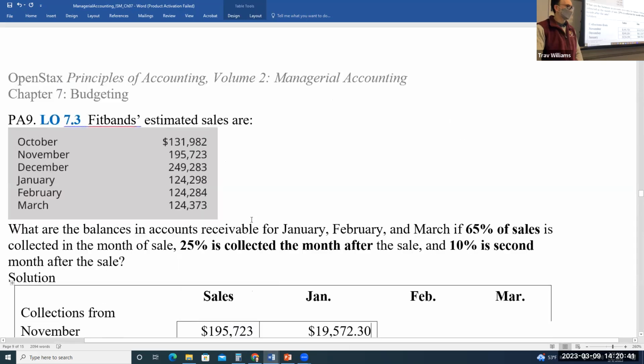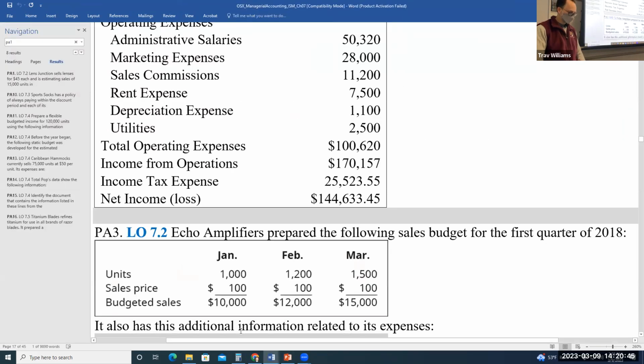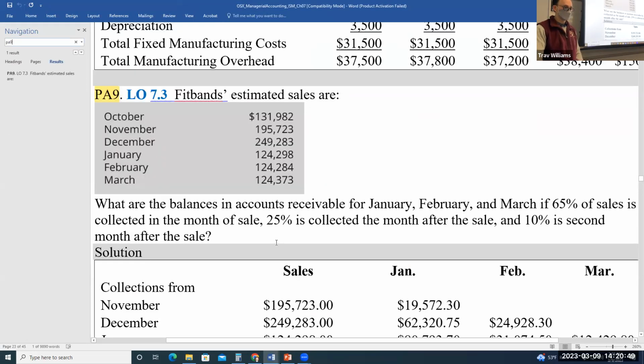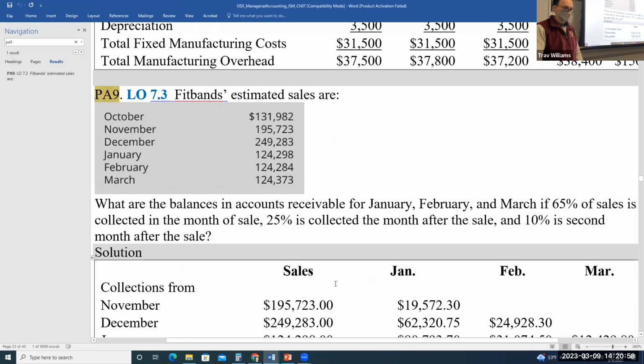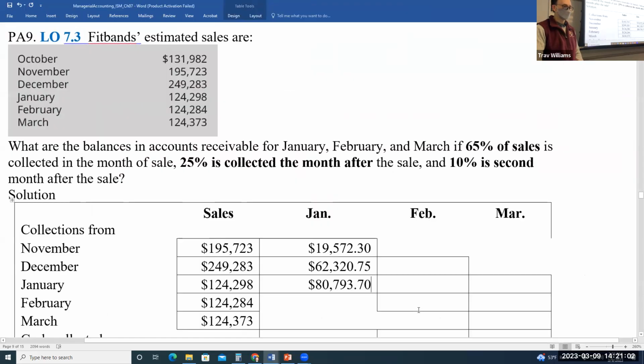Take a look at this one so far. That's problem 9. All right. Let's see. 570. Okay. Yeah, looks good. Okay, so then we'll repeat that process for February.